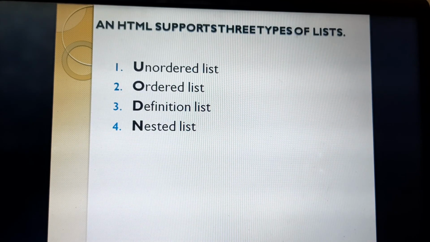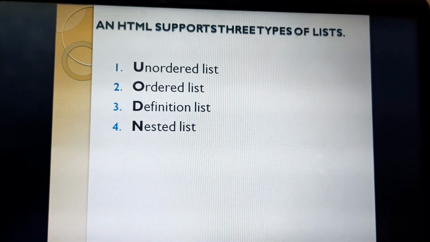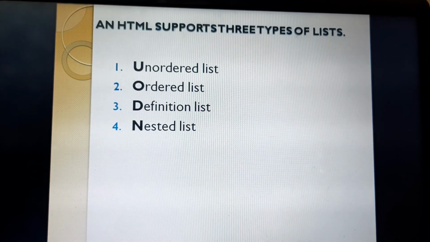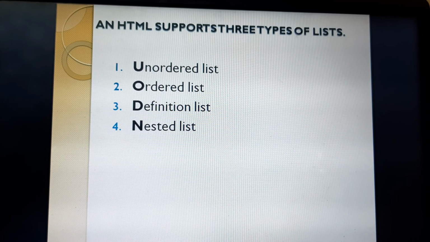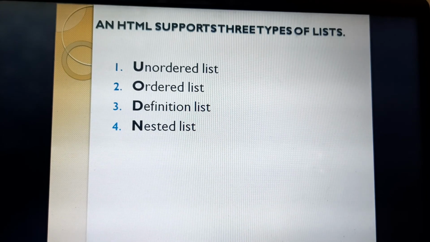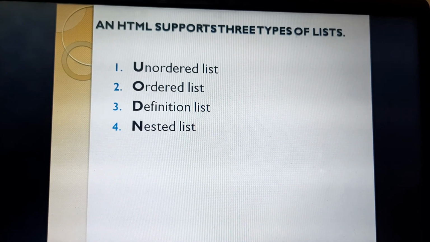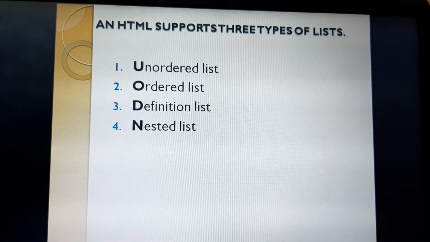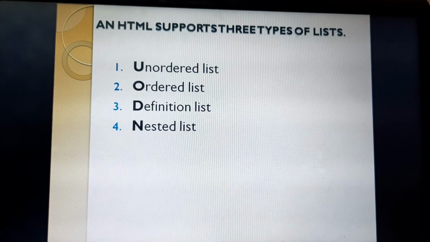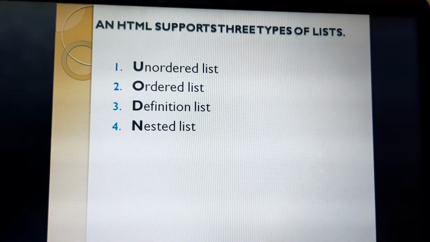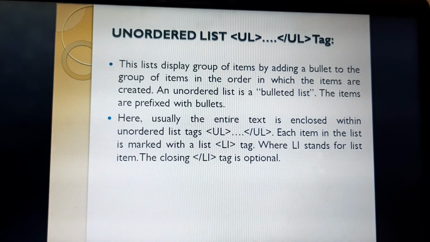The fourth is called the nested list, which is a combination of the other three. When we gather all these three lists together in one document and one list is mentioned under another list, then it is called a nested list.